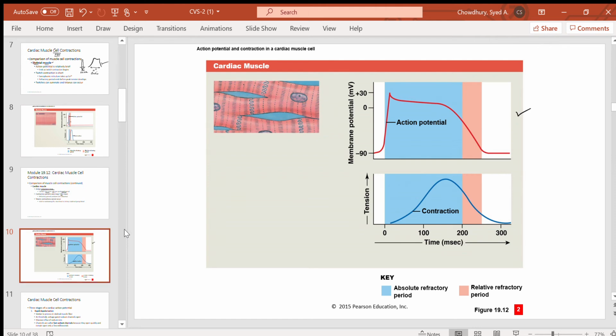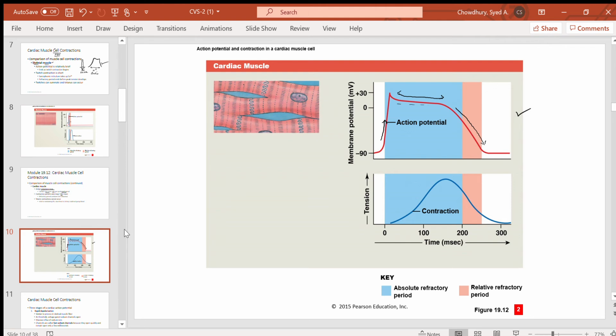So here is the sharp rise that I mentioned, and then this part is called the plateau. That means not much change. You see it stays the same, not going up or down. And this part is slowly going down.